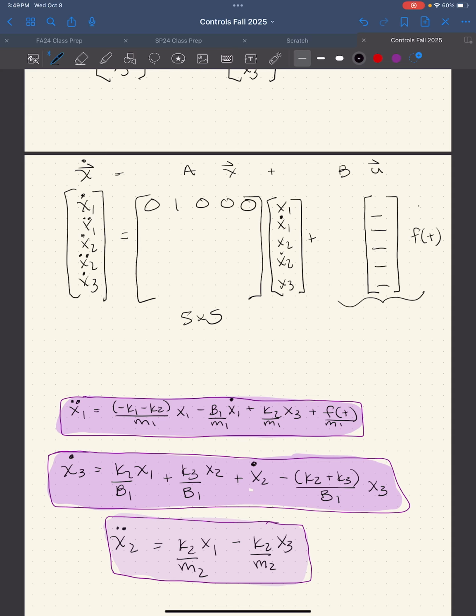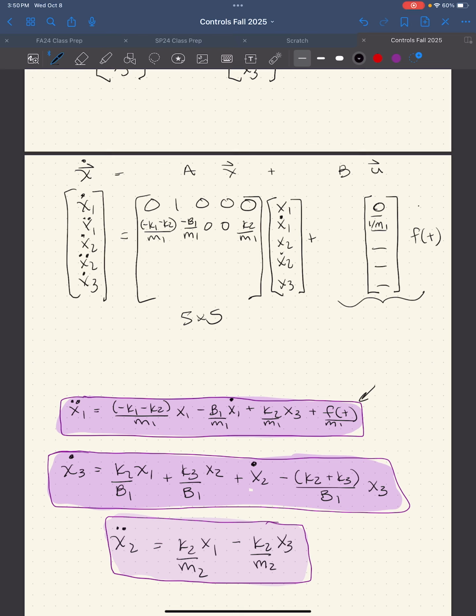So x1 multiplied is minus k1 minus k2 over m1. x1 dot is minus b1 over m1. We have no x2, no x2 dot. x3 is k2 over m1. Oops, sorry. There's 0 for the x1 dot equation. There is a 1 over m1 in this second row.